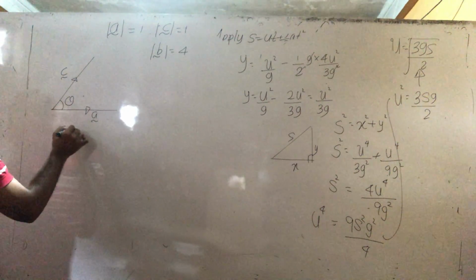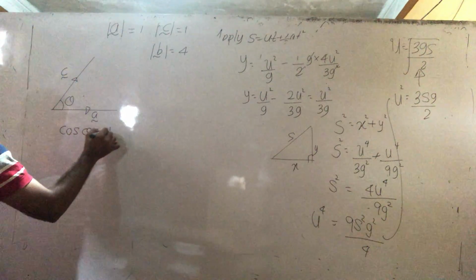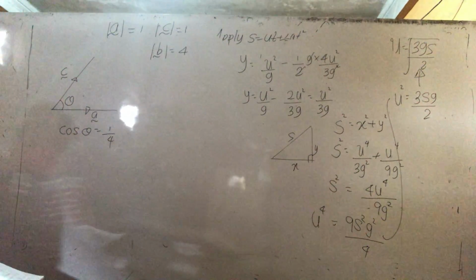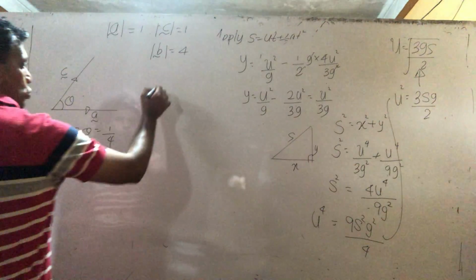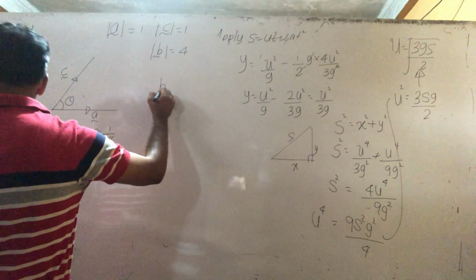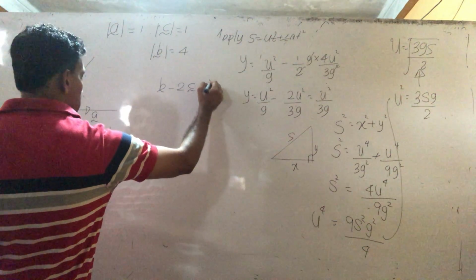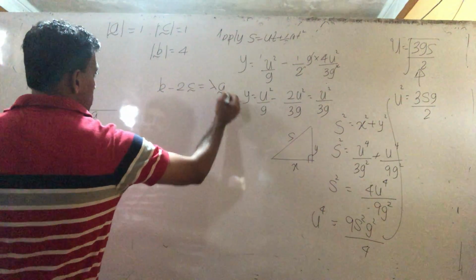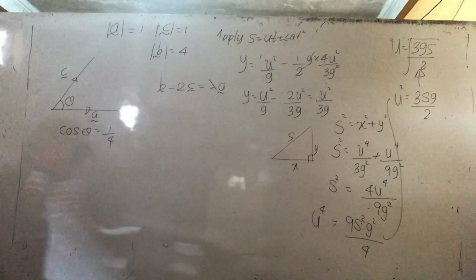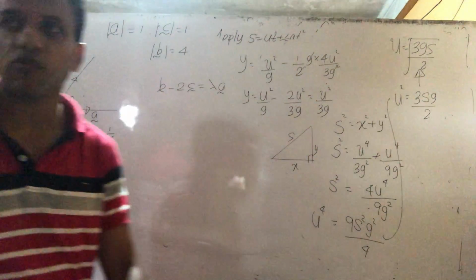What is cos theta? They said cos theta is 1 over 4. The important part is the equation given, the relation between all three vectors A, B and C. Then the question: find the possible values of lambda.